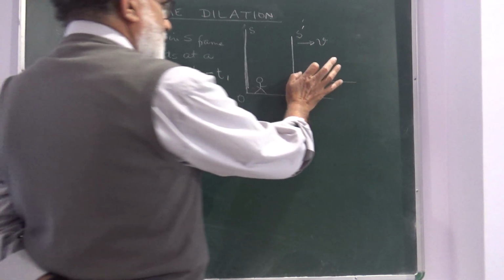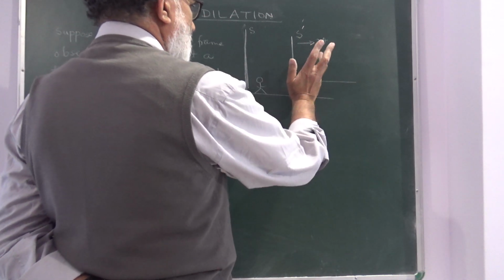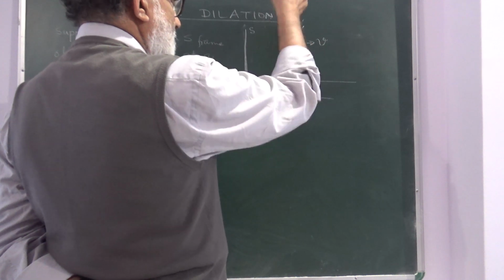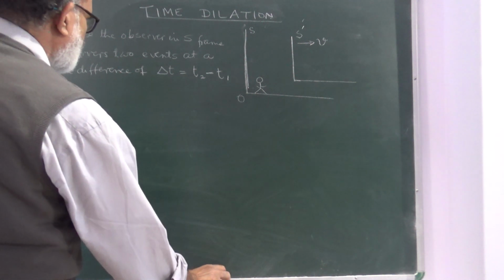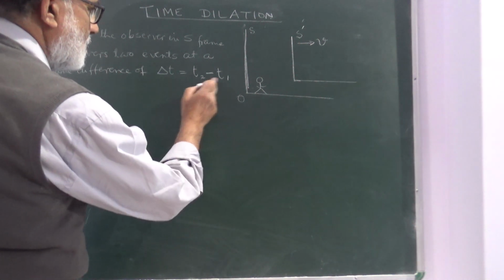The observer in this frame again also sees the same star, and the time difference he recorded is t2 dash minus t1 dash.